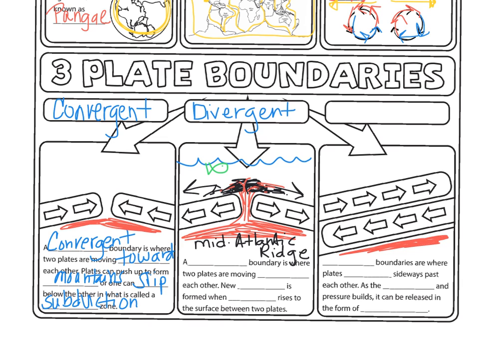The only place you can see this on land is in Iceland. The Mid-Atlantic Ridge on land, sorry. You can see divergent plates on land also in Africa, the African Rift Valley. So they're moving away from each other, and new crust is formed when magma rises to the surface between the plates.